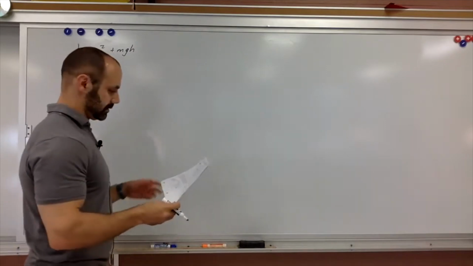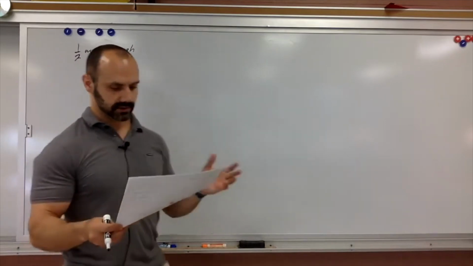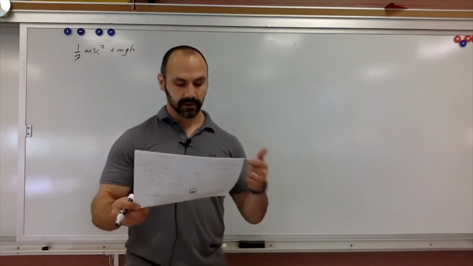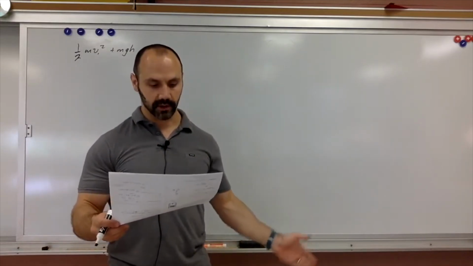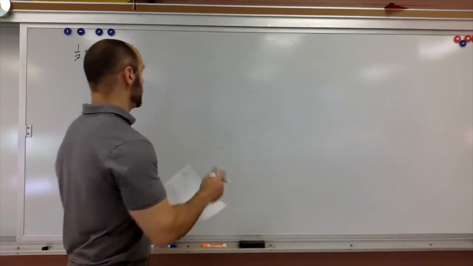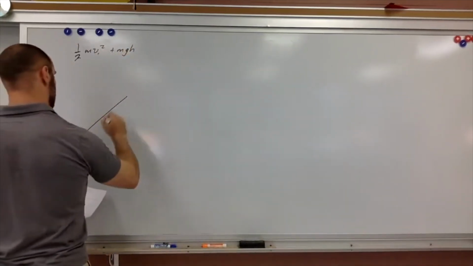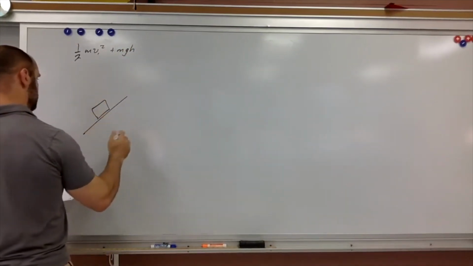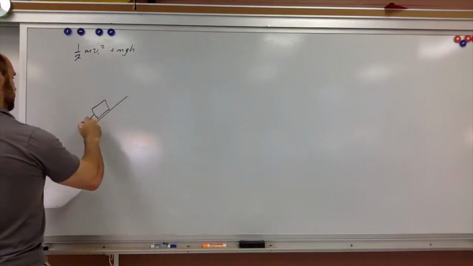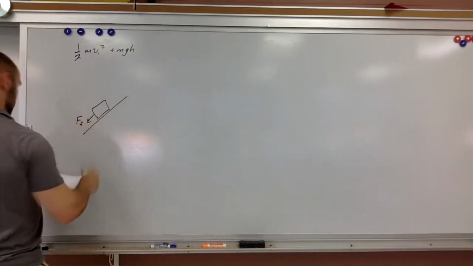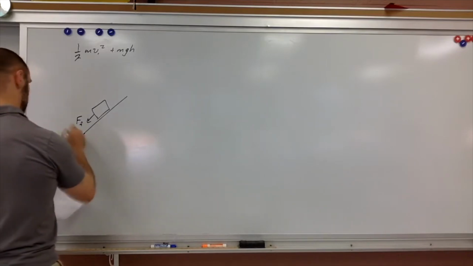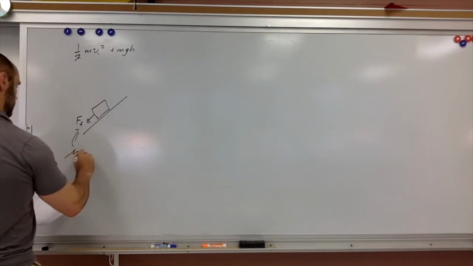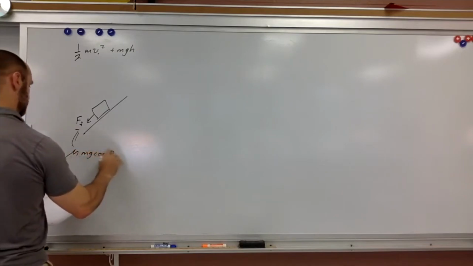Now I'm going to look at the work done by all these other forces involved. So first of all, I have friction going up the hill. So what is that friction going to look like? The hill's like this. The block is going up. What is the force of friction on this? The force of friction is going to be mu mg cosine theta.